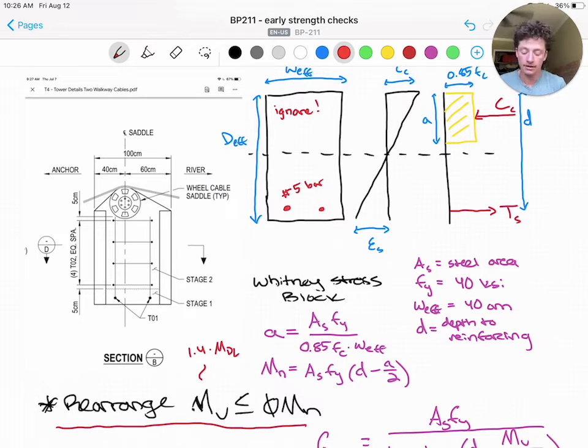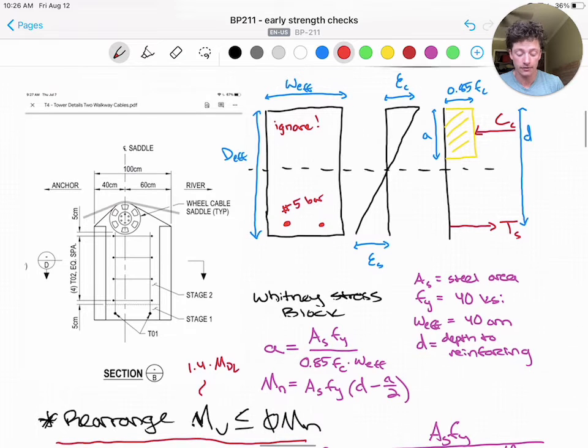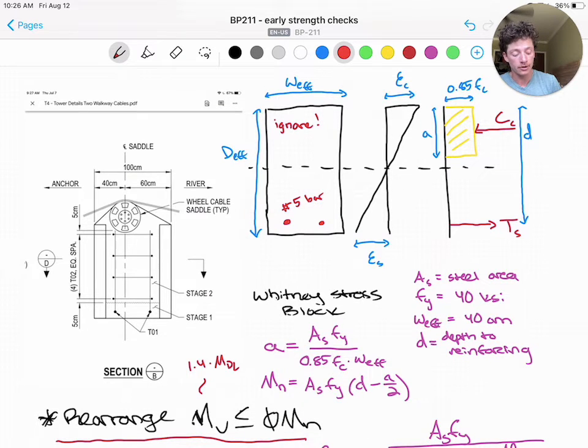And I've drawn the stress and strain diagram here for a singly reinforced tower column, or it's a beam when we're analyzing it in this case. I just want to make sure everything is correct here, and we're using the same Whitney stress block to find the compressive block of concrete, and we can remember a and Mn, plugging all these things in together.